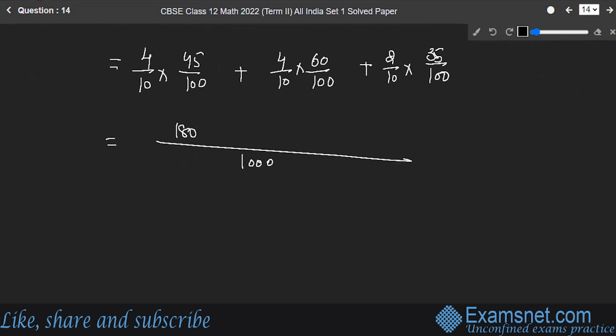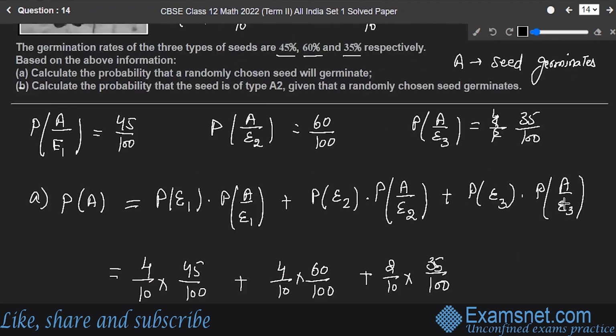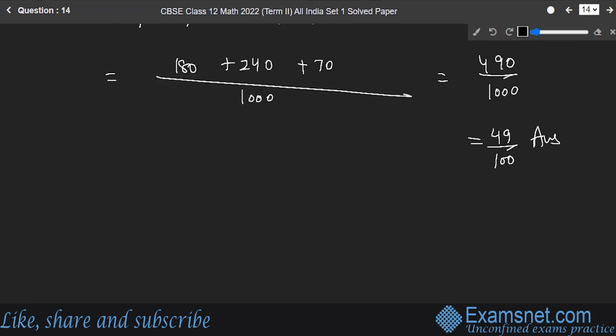This is 180, this is 240, and this is 70. A total of 490 upon 1000, or 49%. That's it. This is the answer to the A part. The probability that the randomly chosen seed will germinate is 49%, or 49 upon 100, whichever you like.